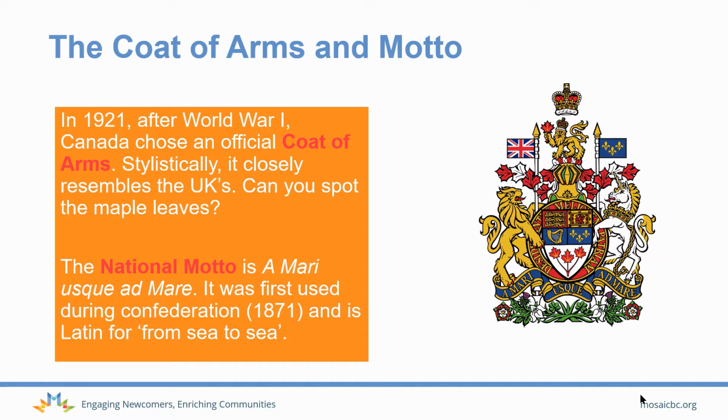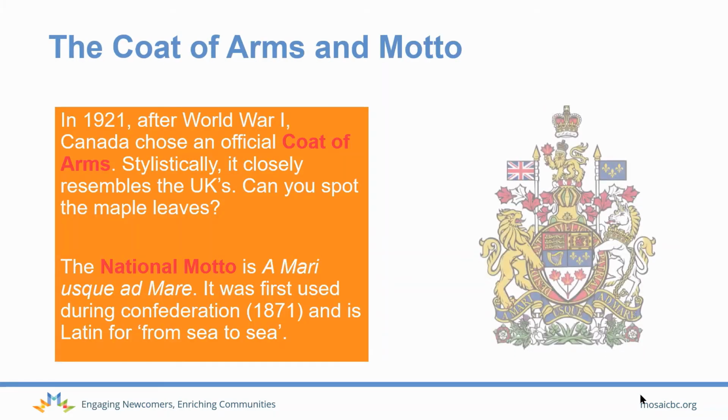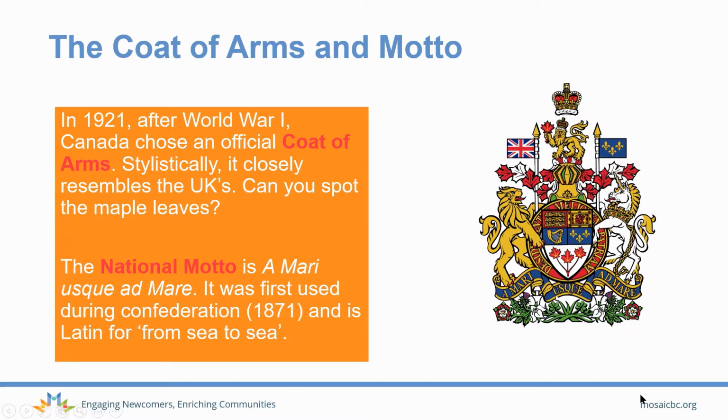The only thing they added is this ribbon here, which is the Canadian one, where it says "A mari usque ad mare." I think it's Latin, if I'm not mistaken, or Greek. It should be Latin, and it means from sea to sea. This is the addition that's been done for Canada, this ribbon here.